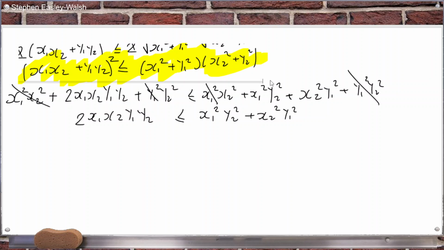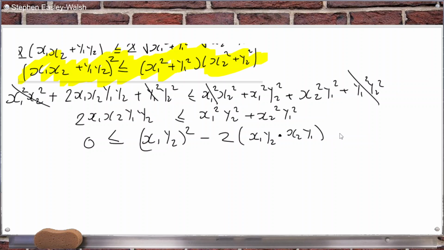Okay. If I take that over to the right, (X1 Y2) squared minus twice (X1 Y2)(X2 Y1) plus (X2 Y1) squared.